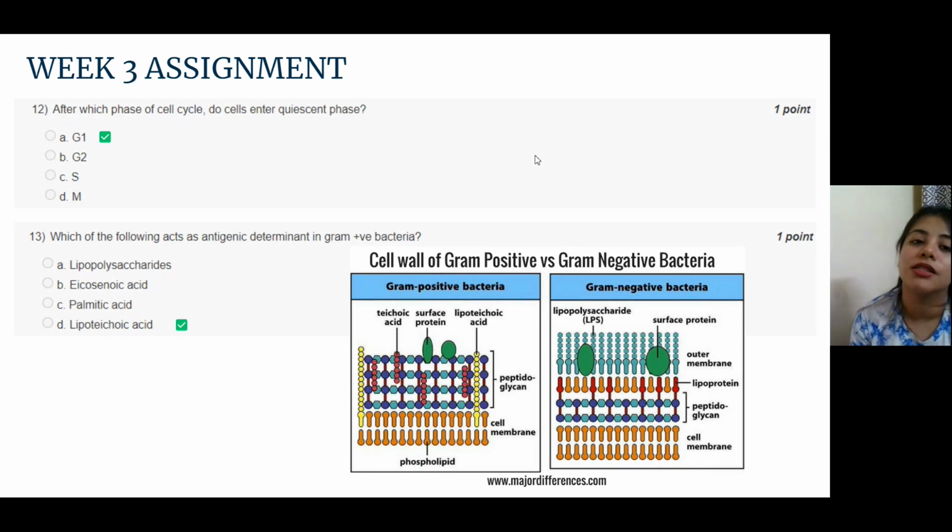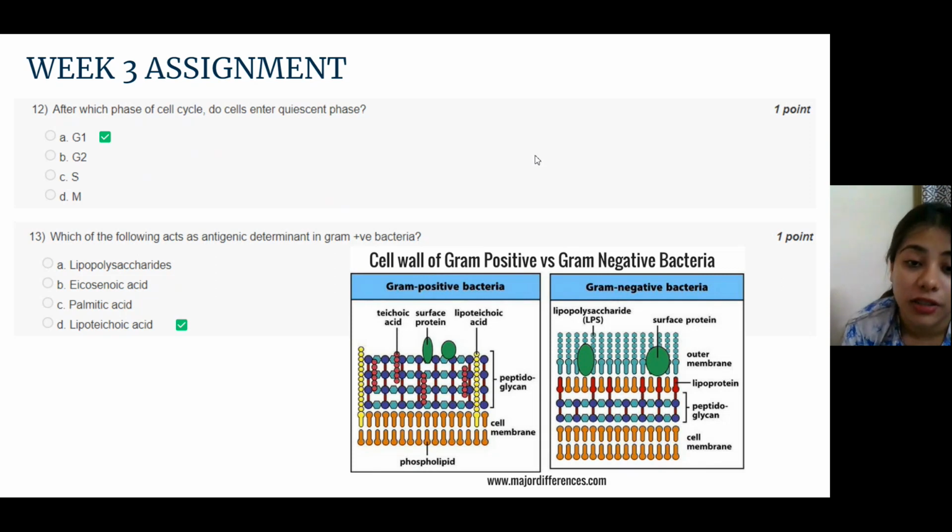So after G1, some of the cells can enter into G0, but under normal circumstances, if a cell is dividing, is healthy and is capable of dividing, and it has all of the growth factors and additional factors necessary for it to divide, then it will proceed towards the G1 phase. So that covers question number 12.